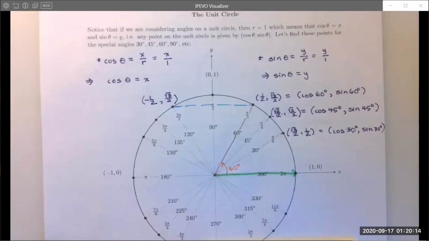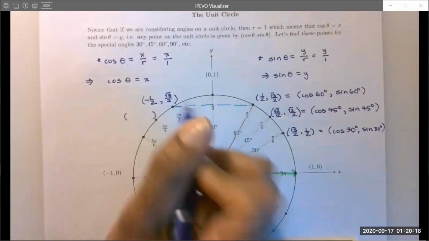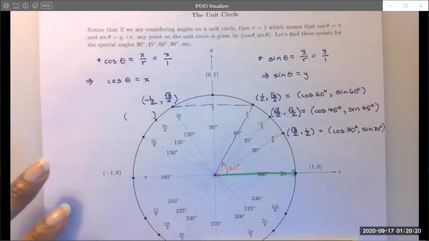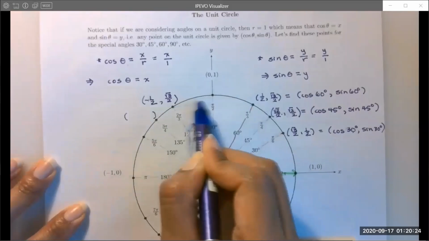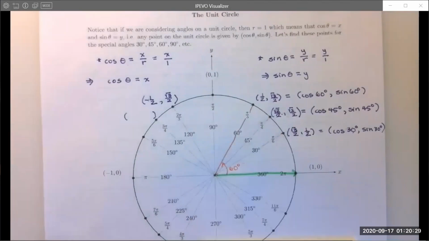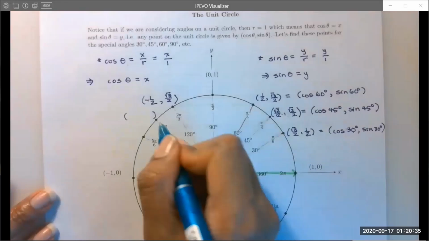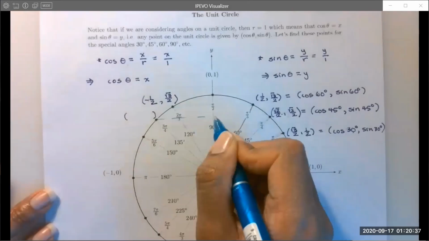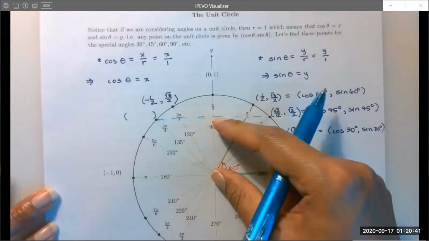What can we say about the point at 135? What coordinates is that? Well, first of all, which point does it mirror? What point in the first quadrant does it mirror? Pi over 4. Yeah, the 45, or pi over 4, good. So it's mirroring that point there, which means they have the same height, right?